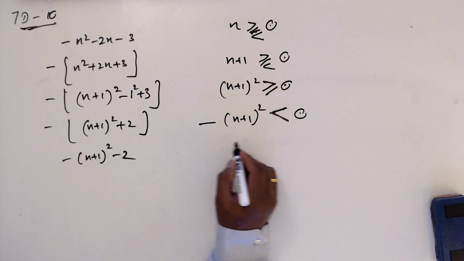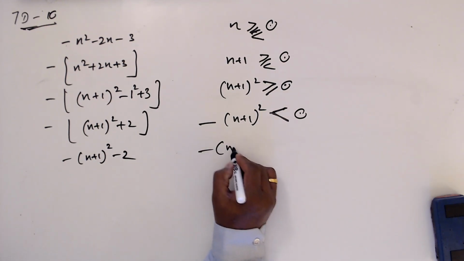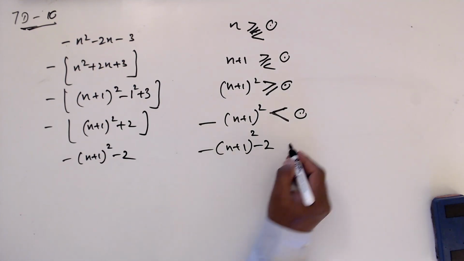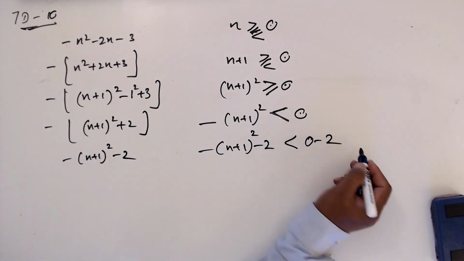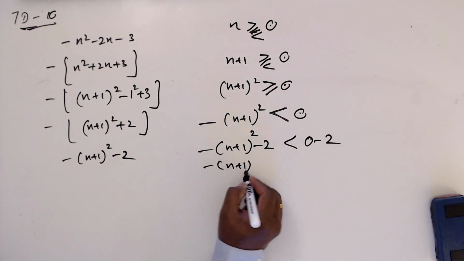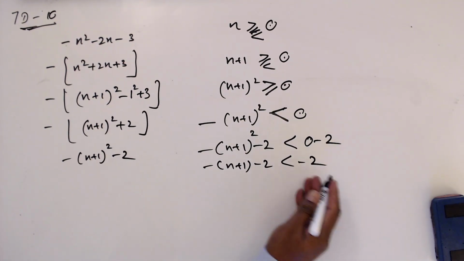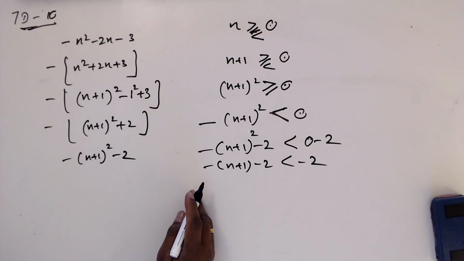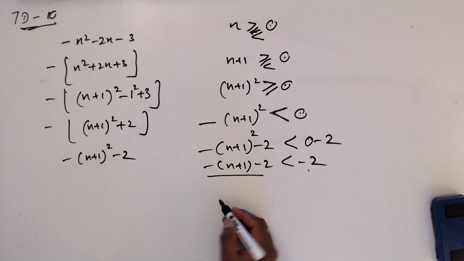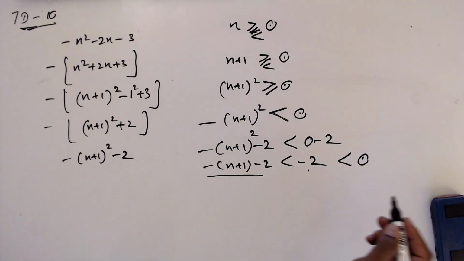Now minus (n plus 1) squared minus 2. I add minus 2 to both sides: 0 minus 2, which means it is less than minus 2. So this expression is definitely less than minus 2. It means it is less than 0 guaranteed.